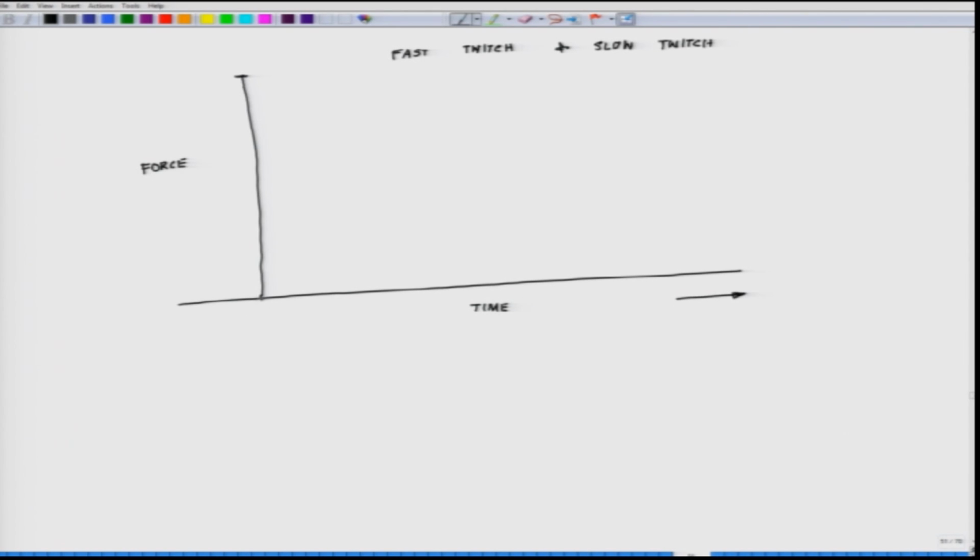Here you have the origin and here you have the increasing forces. Now, when it is a fast twitch fiber, I am putting red for the fast twitch fiber. The curve is like this, or the curve could be even much sharper, like this. Whereas, in the case of slow twitch, I will be using the blue color, the curve will be like this.